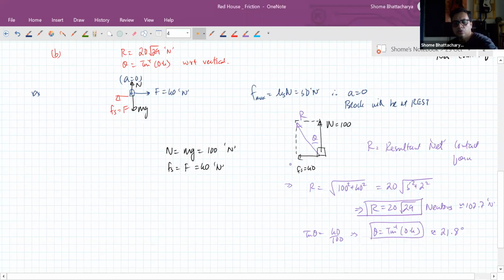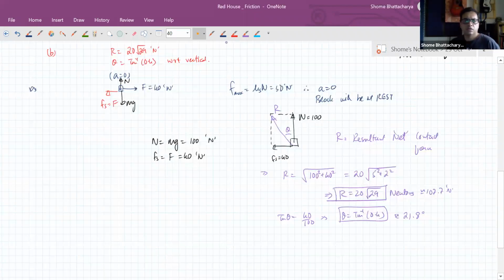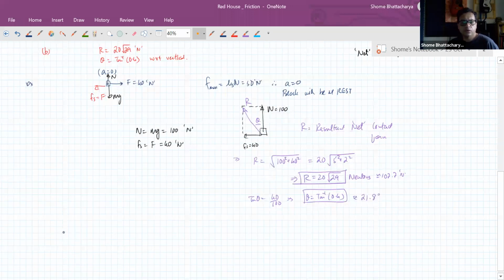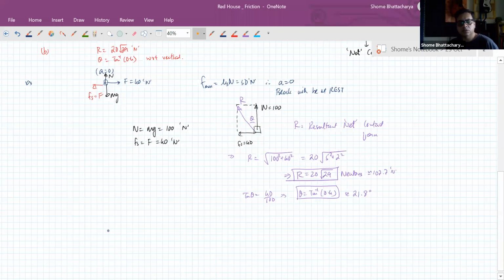Because though the body is now sliding, the kinetic friction, because of the value of mu k being 0.4, will be the same. It will be 40 newtons. So even when I've increased this force to 60 newtons, because the coefficient of kinetic friction was 0.4, this is 40 newtons. So now the body is accelerating, unlike the previous case. It will be 20 by 10 or whatever, 2 meters per second square.